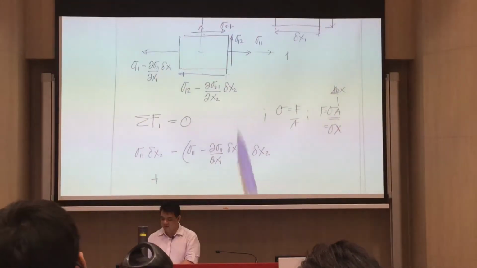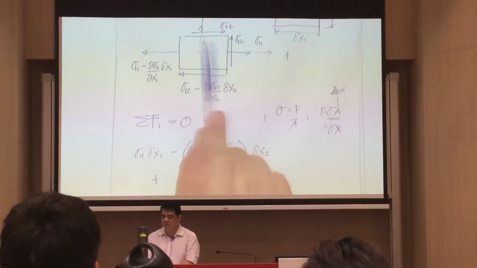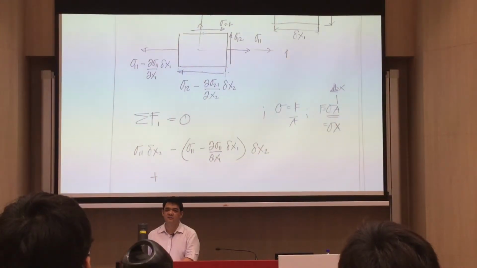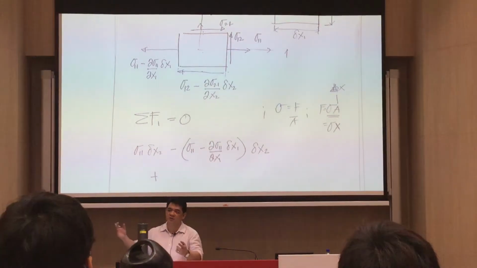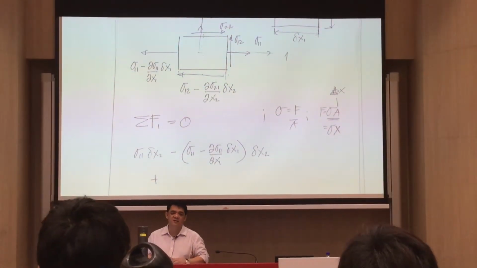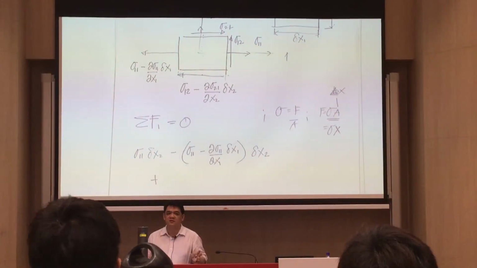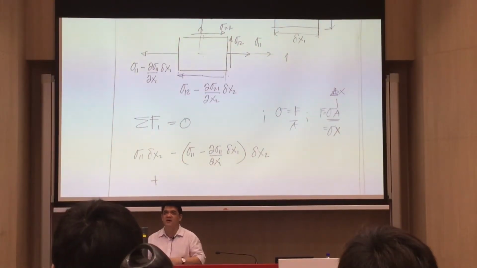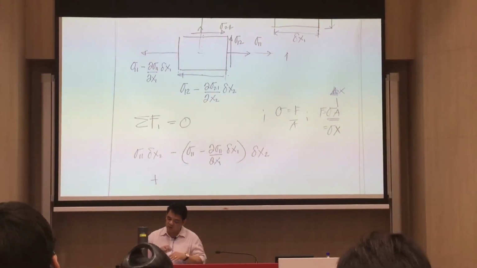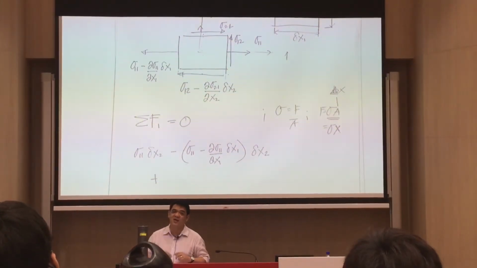So what about this sigma 2,1 here? It's a shear stress. Force is equal to stress multiplied by the perpendicular area. But we don't have an area, we just have a side.